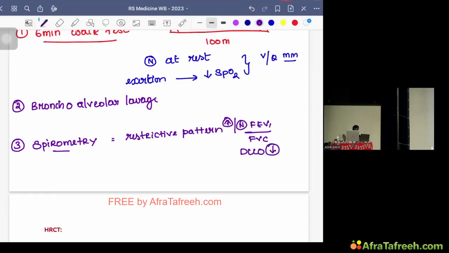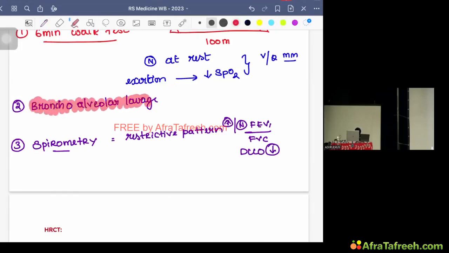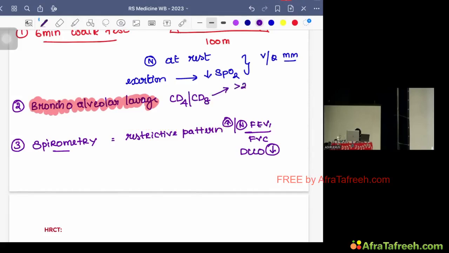And if you take the bronchoalveolar lavage, one important thing they can ask in the exam is the CD4 CD8 ratio. Whenever the CD4 CD8 ratio is more than 2, it indicates sarcoidosis.